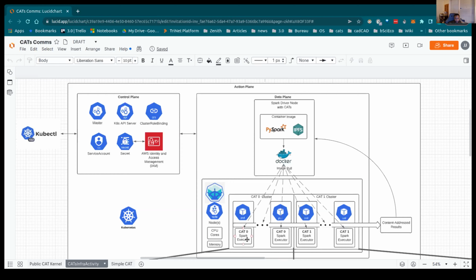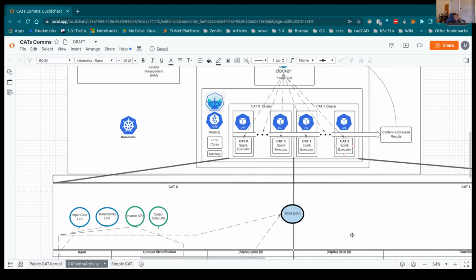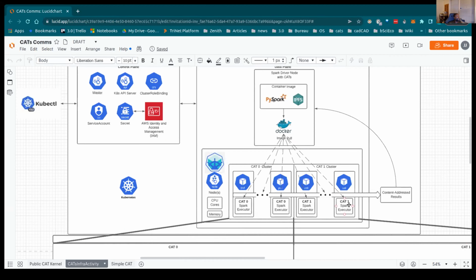Okay, here's an example. In this example, there are two. So each of these Spark workers have an IPFS client that's being used as a storage hack, because we don't have Web3 storage, right, yet. But there's a cache.